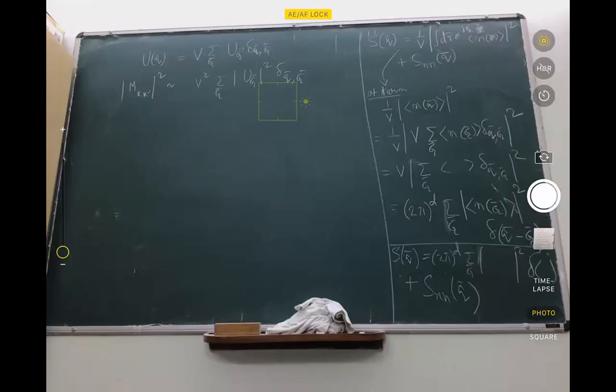You will only have scatterings in which the momentum transfer is one of the reciprocal lattice vectors. Okay, so that is the information that you get from here. Apart from that, if you look at the form for S of Q, you will basically get the structure factor to be non-zero only when Q is one of the reciprocal lattice vectors.